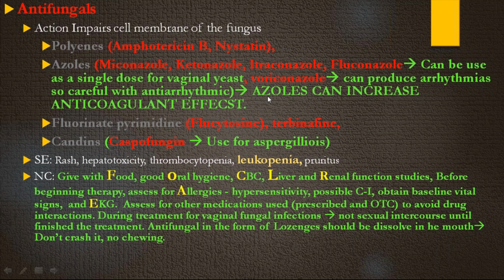This is a must you need to remember. So, for example, ketoconazole, itraconazole, fluconazole, voriconazole, these guys, if somebody's taking Coumadin or warfarin, are going to actually increase the effect of the anticoagulant.